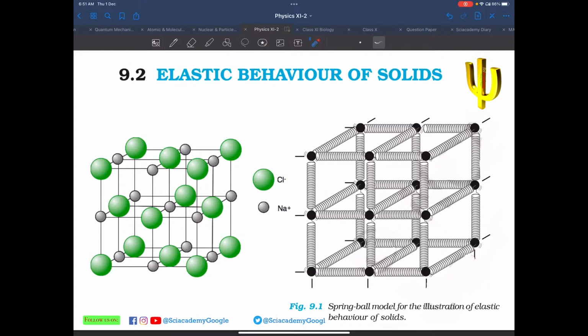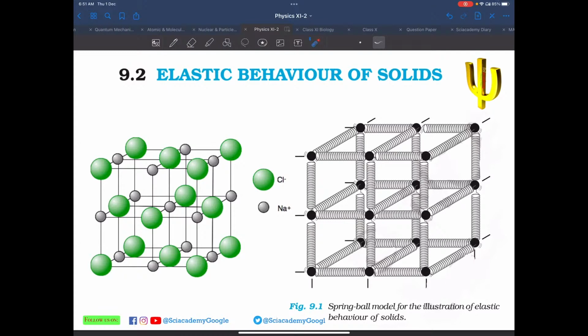The atoms or ions will try to come back into the initial position because of the interatomic or intermolecular force of attraction. Thus, the body regains its original shape and size.